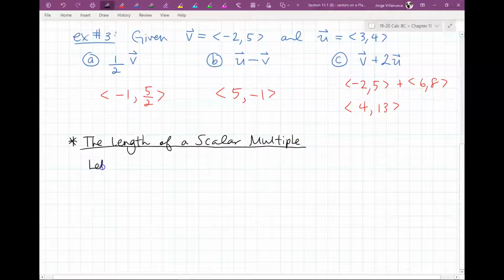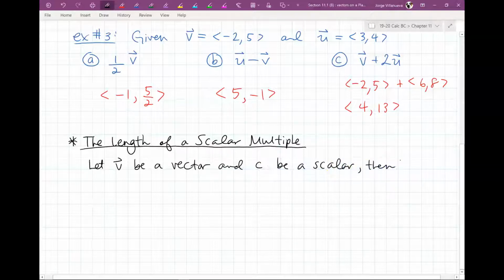So if we let v be a vector and c be a scalar, then the magnitude of c times vector v is the same as the absolute value of c times the magnitude of v.